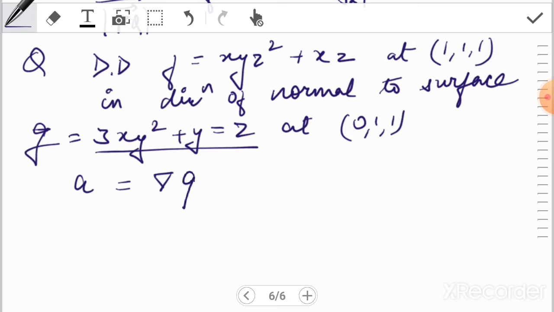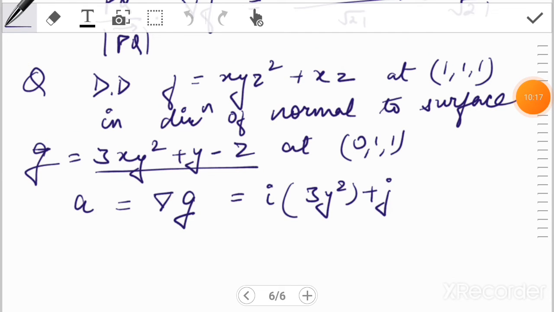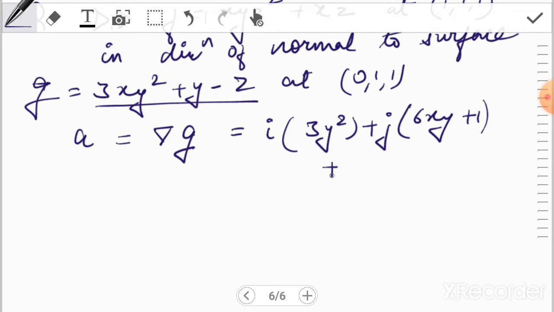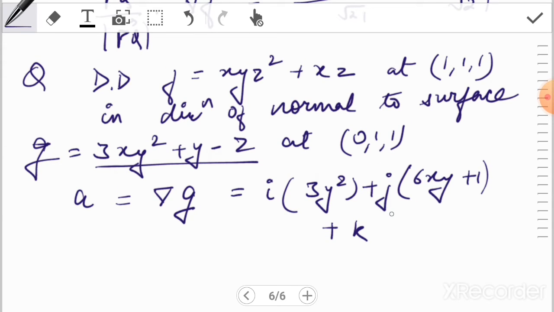So del g is i 3y square plus j, so if you take z from the right hand side to the left hand side, j 6xy plus 1, and plus k, so minus k.